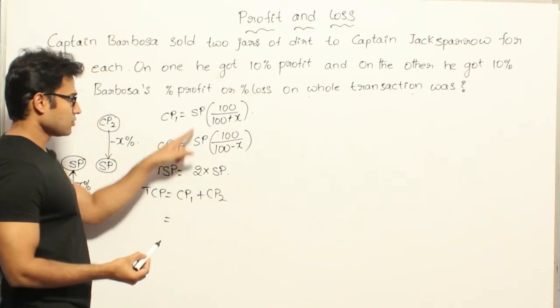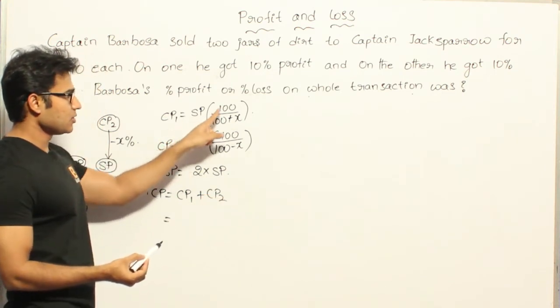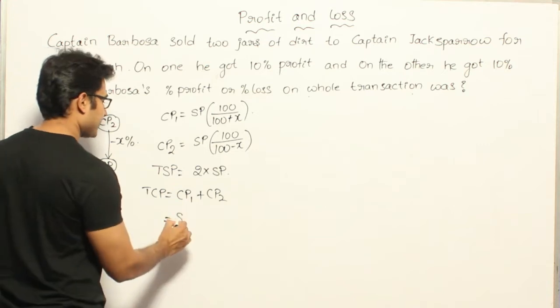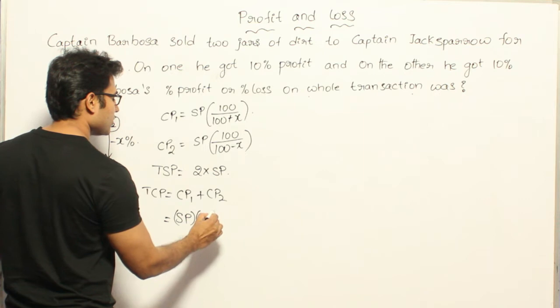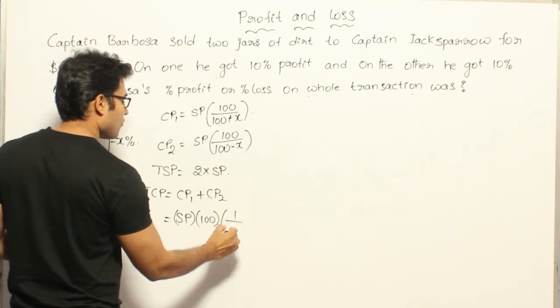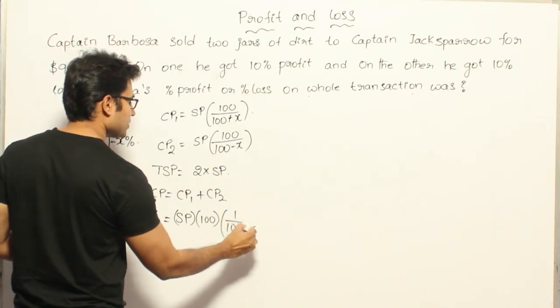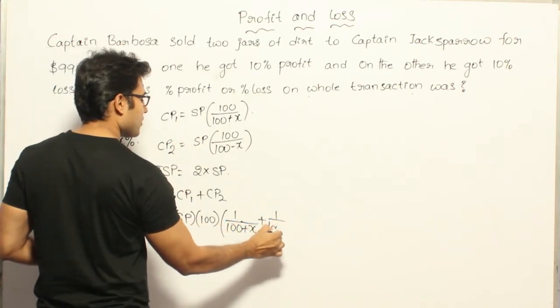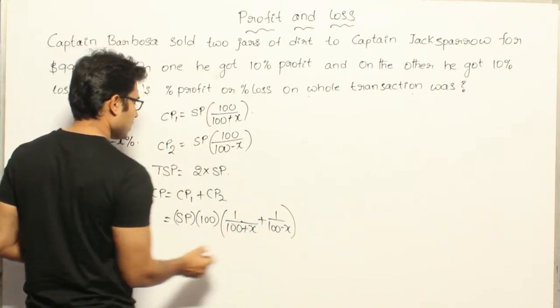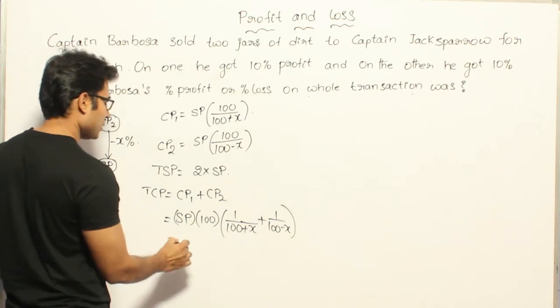Now if I add these two, I can pull out SP into 100 as common, and then 1 by 100 plus X from this term plus 1 by 100 minus X. Then what do we get?